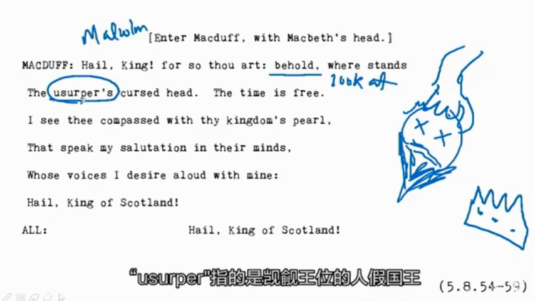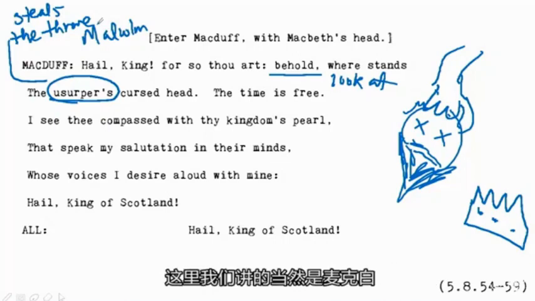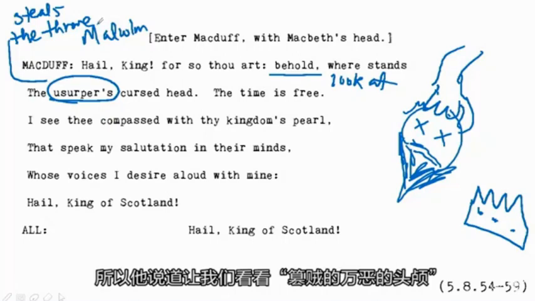A usurper is someone who steals the throne. Right? Someone who pretends to be king or violates the line of succession and falsely assumes the role of king. So he's talking, of course, about Macbeth here. So he's saying, look at the usurper's cursed head.